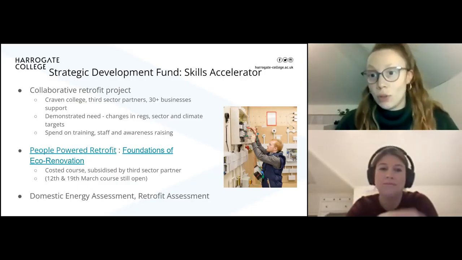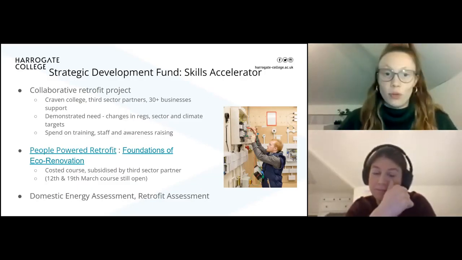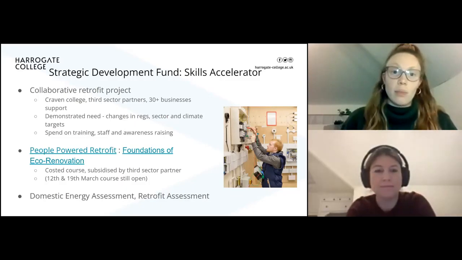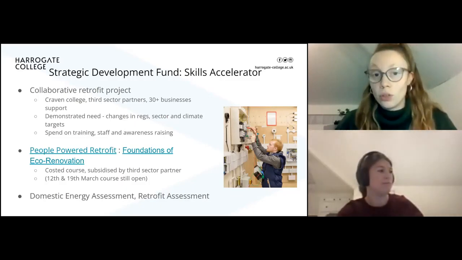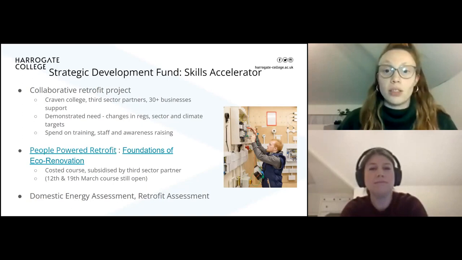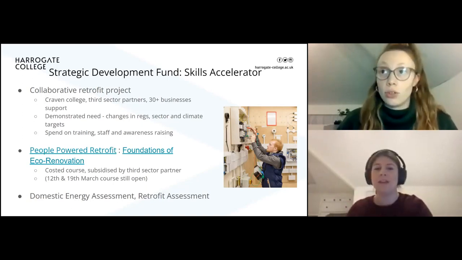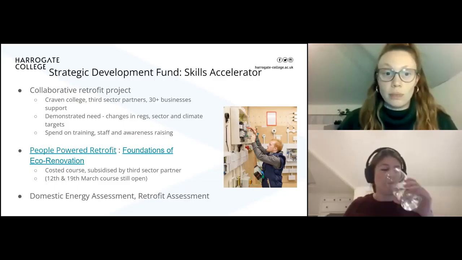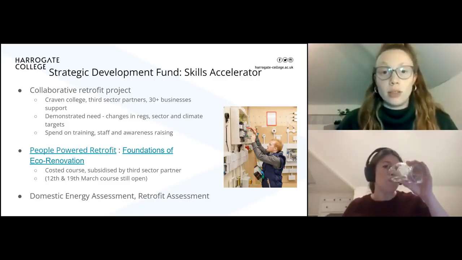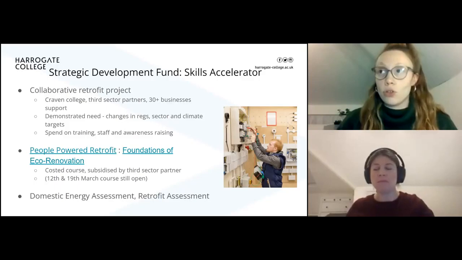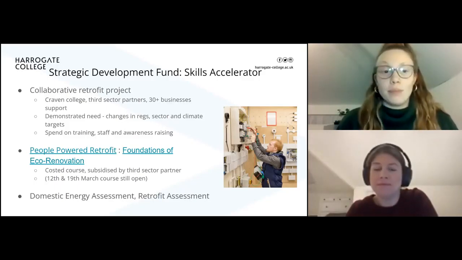And I was successful last year, which was fantastic. And I partnered up with another college, I partnered up with some third sector organisations, and 30 businesses wrote a letter of support for that application to the Department for Education. And that money was granted to us as Harrogate College to spend on training, on staff and awareness raising.